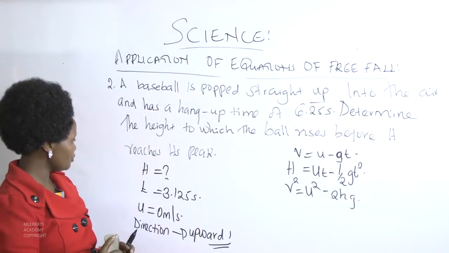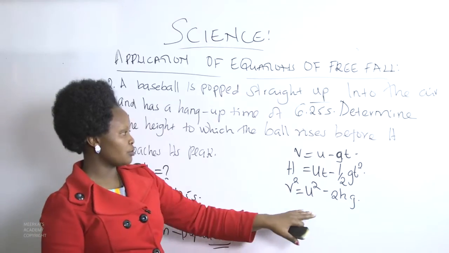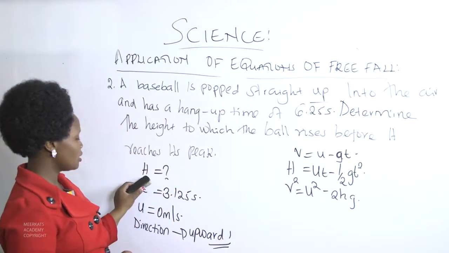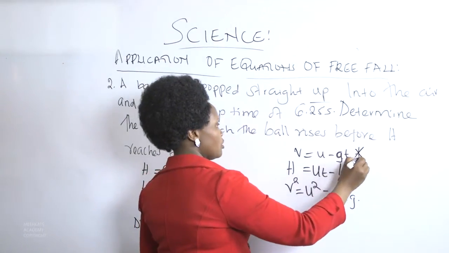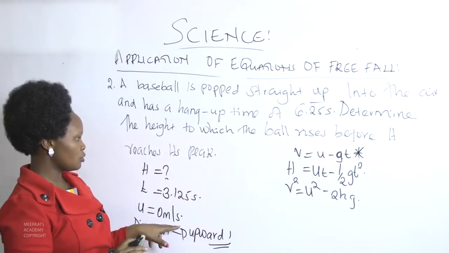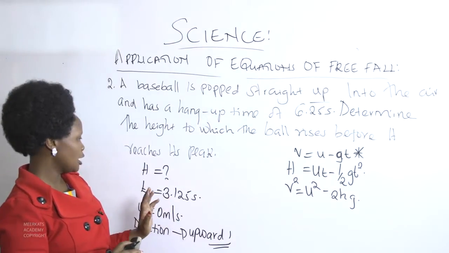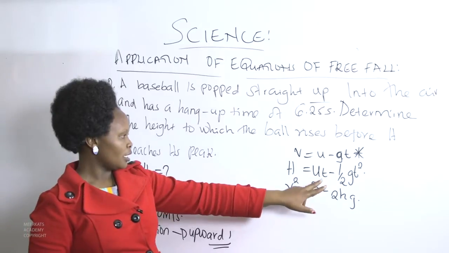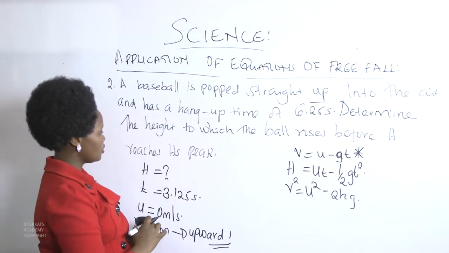Now, which of these equations are we going to use? Equation number 1 has no height factor, so we rule that one out. Equation number 2 has the height, the initial velocity which we have, the time and g, and all of them we have.